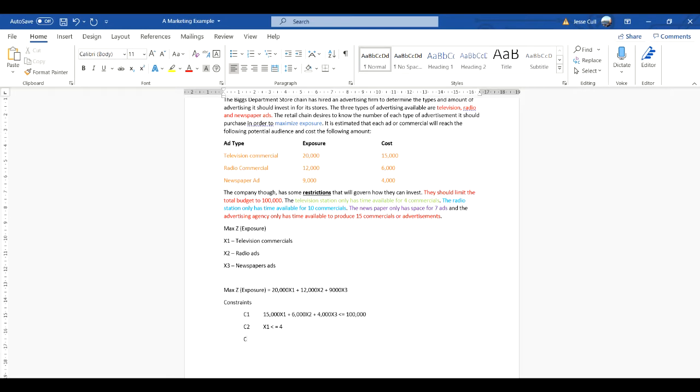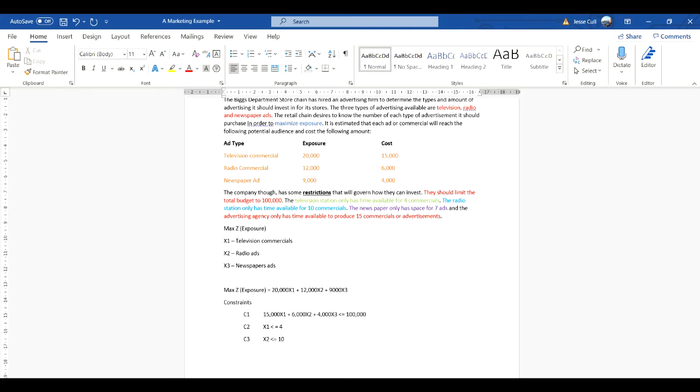Our next constraint, going down the list, we see that the radio station is X2, must be less than or equal to 10. And we get that from right here. The radio station only has time available for 10 commercials.